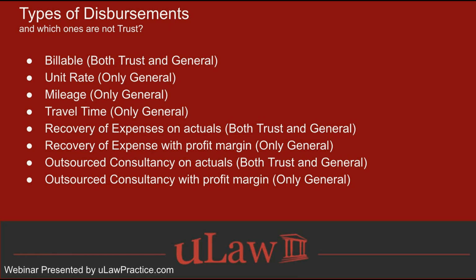Wherever it says both trust and general, at billable time, at recovery of expenses on actuals, like court fee, filing fee again, and any outsourced consultancy, on actuals. So anything that is on actuals can actually be paid from trust.